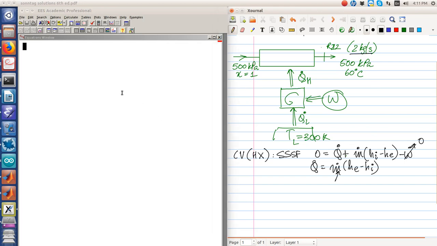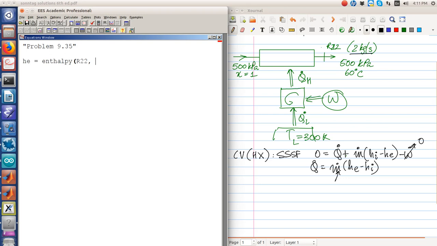Okay, so this is problem 9.35. HE equal to enthalpy of R22 at T equal to 60 and P equal to 500 kilopascal. HI equal to enthalpy of R22 at X equal to 1 and P equal to 500.